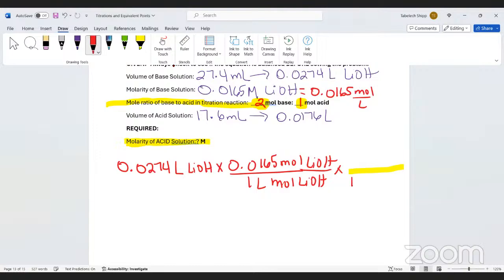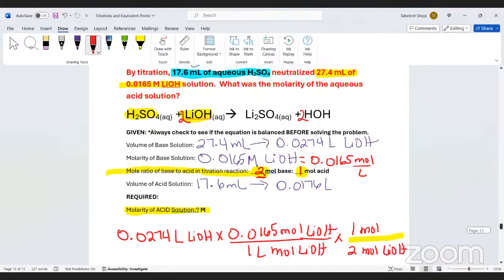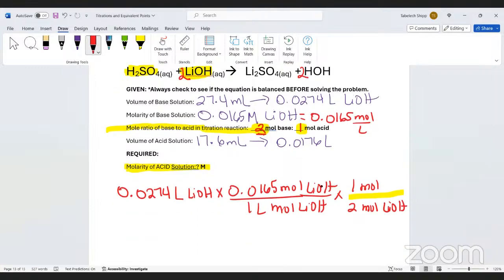So I'm going to put the 2 moles of lithium hydroxide right there, which again comes from our coefficients right here, and the 1 mole of my acid. And remember, the acid that they gave us was H2SO4. That was my moles of my acid.